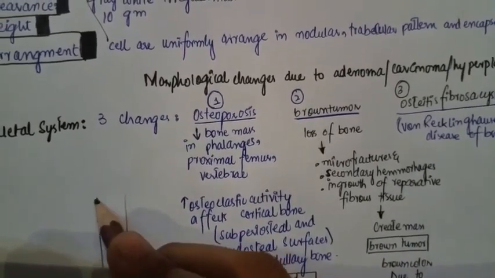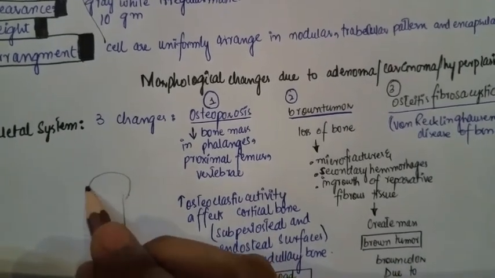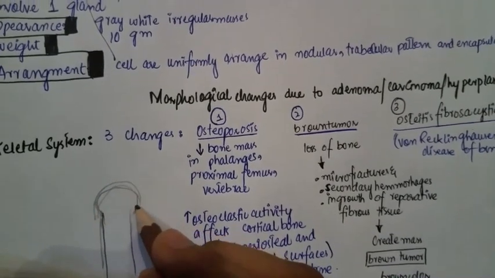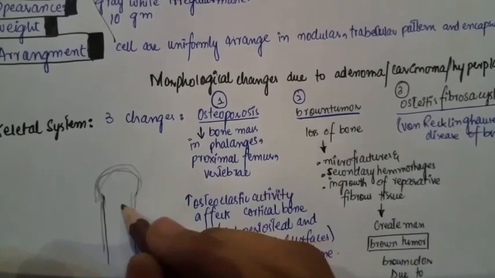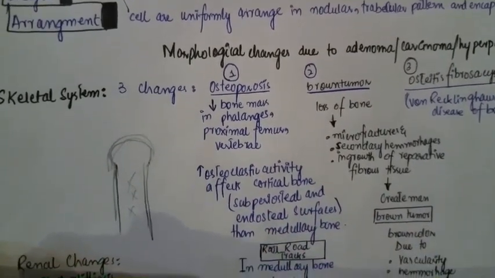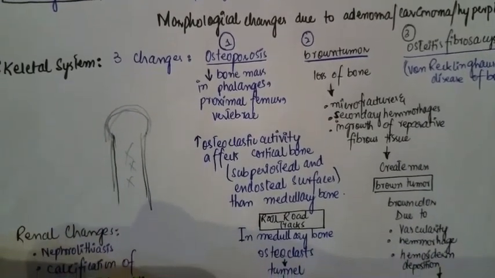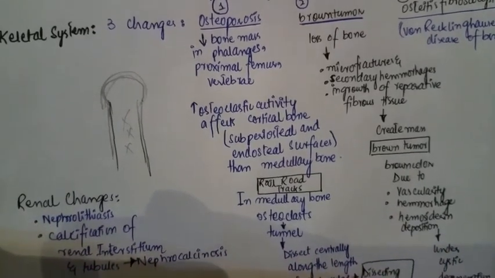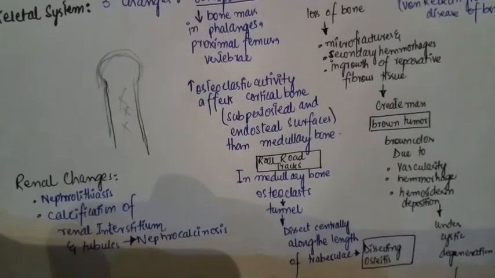This is the whole bone. This is the periosteal surface, this is the endosteal surface. It will affect only the endosteal and periosteal space, but not the medullary bone. What are railroad tracks? In the medullary bone, osteoclasts form tunnels and dissect centrally along the length of the trabecula.